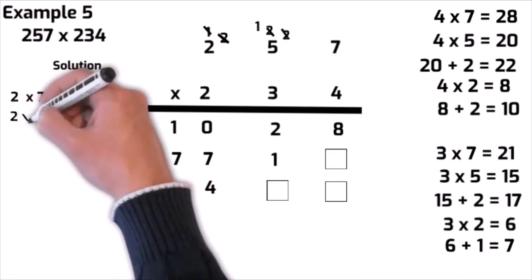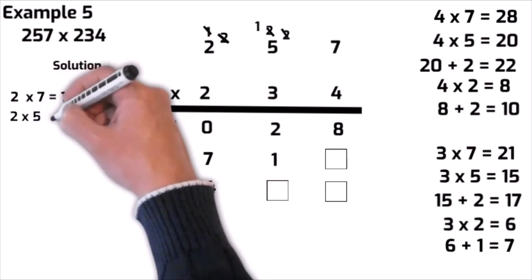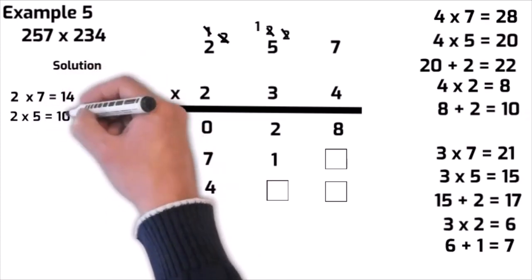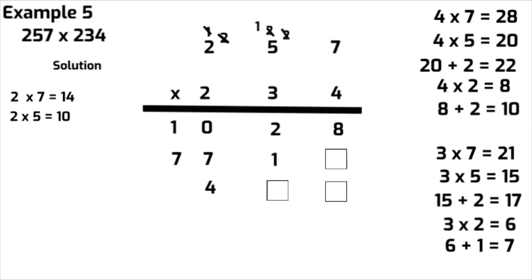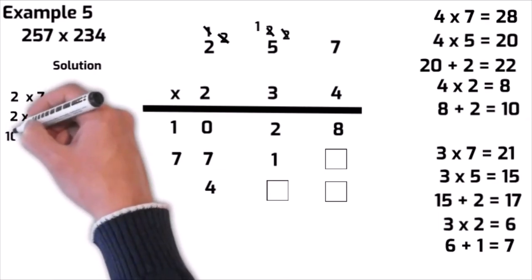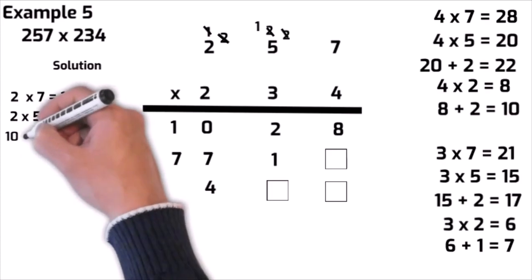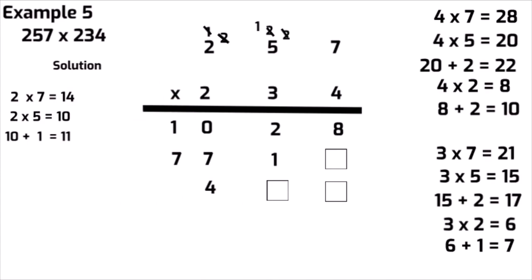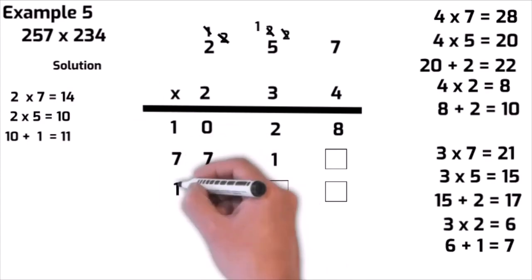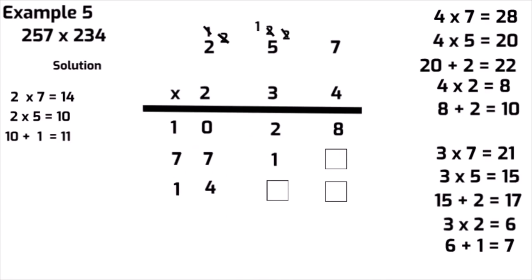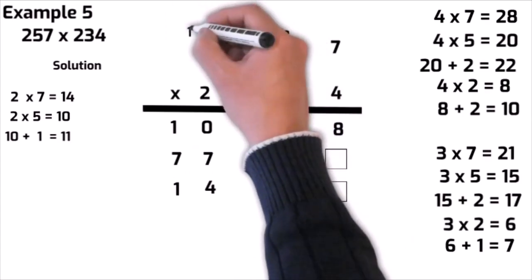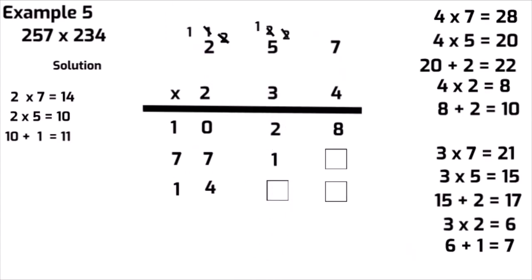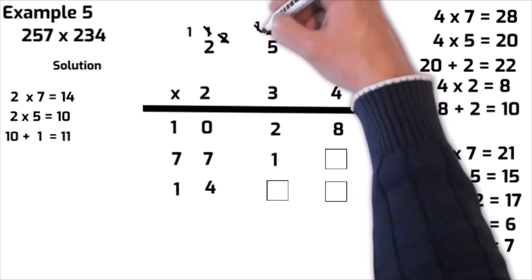Next, we say 2 times 5. 2 times 5 is 10. 10 plus 1, we carried over, will give us 11. We write down 1 and carry 1 to the left of our multiplicand. Since we are done using our previous one, we go and cancel it out.